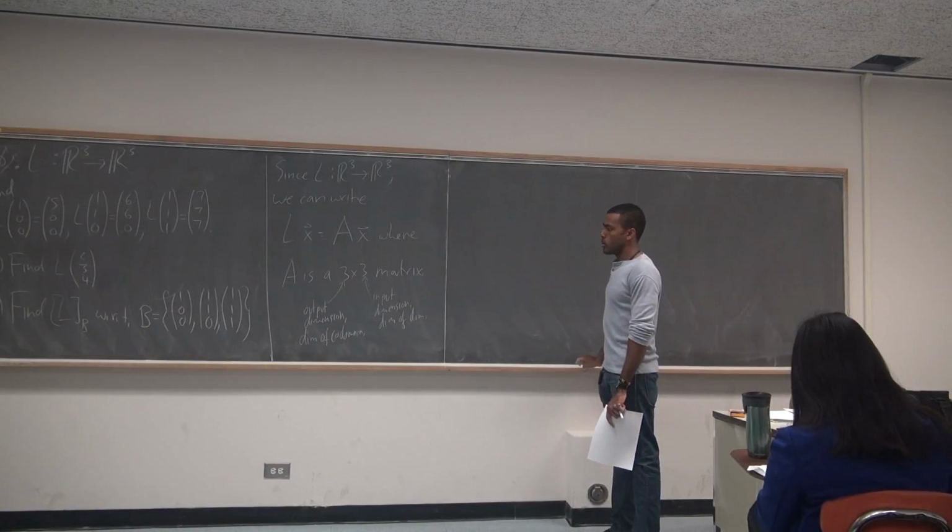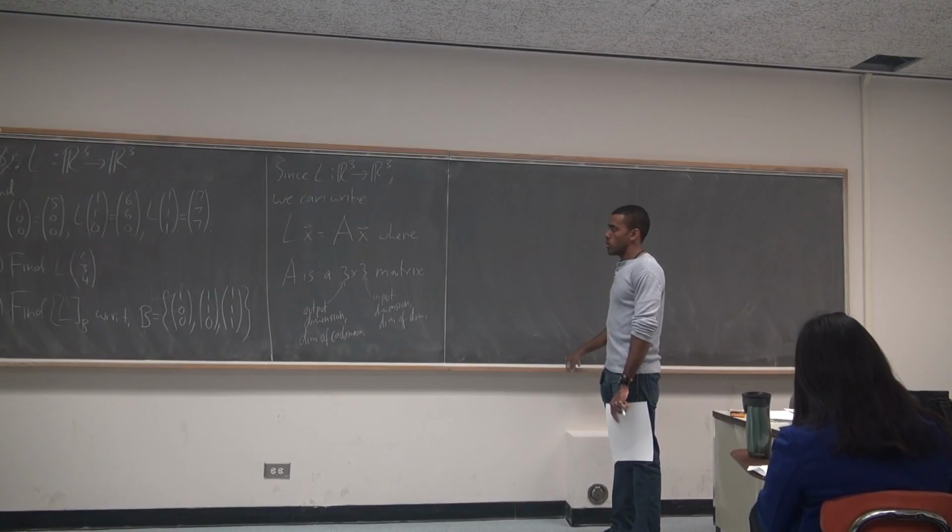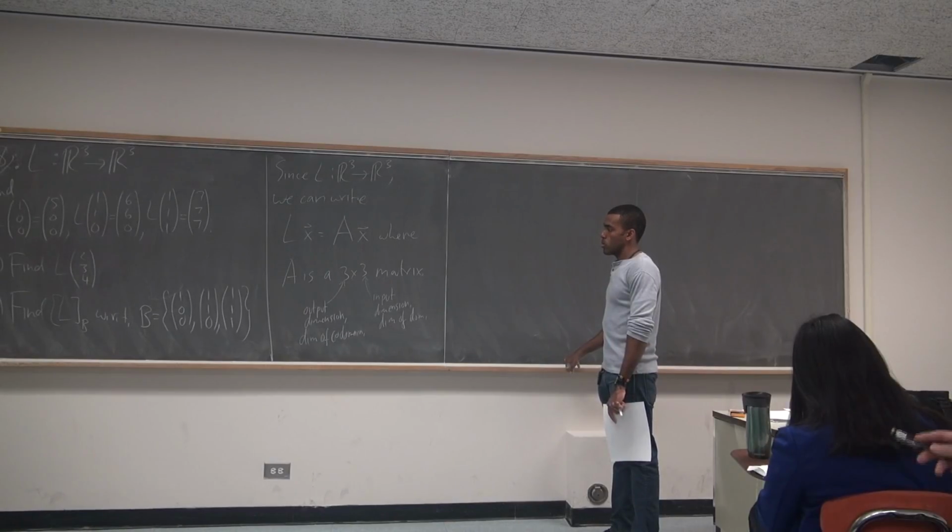Doing that and then what? 2, 3, 4 is C1 times (1, 0, 0), and so on. You're going to find C1, C2, C3. And since it's a linear transformation, L of (2, 3, 4) is L of C1 times (1, 0, 0) plus C2 times (1, 1, 0) plus C3 times (1, 1, 1), and you just take C1, C2, and C3 out. We know the linear transformation of those three vectors, so you can write it that way.